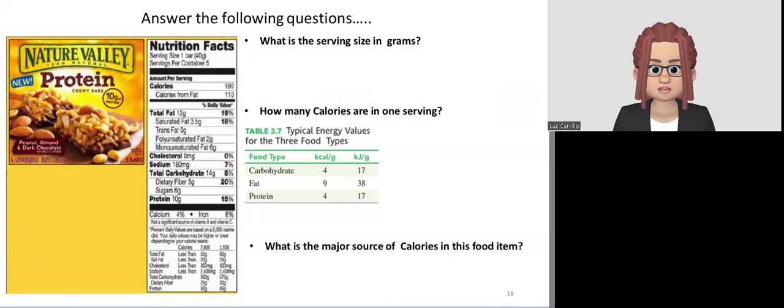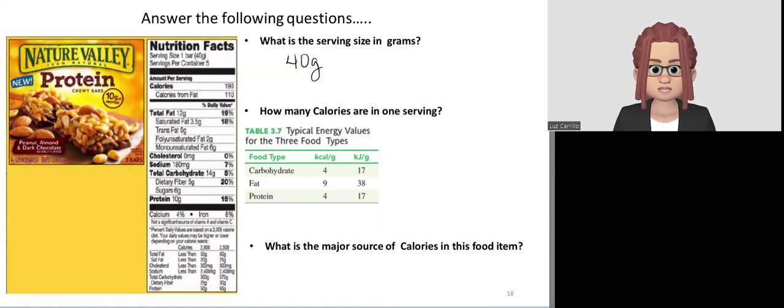And when we look at our nutrition facts label, we can see that on average, the serving size per bar is going to be 40 grams. That's where we find that information. Next, we are going to do the calculation for how many calories are in one serving. And understand that one serving is specifically one bar.